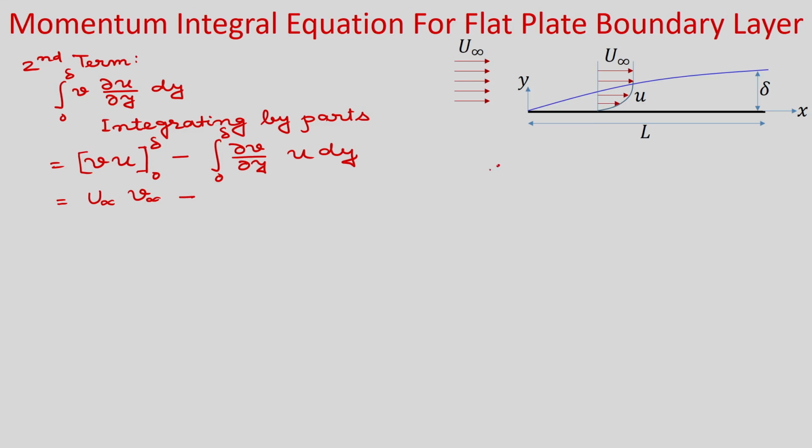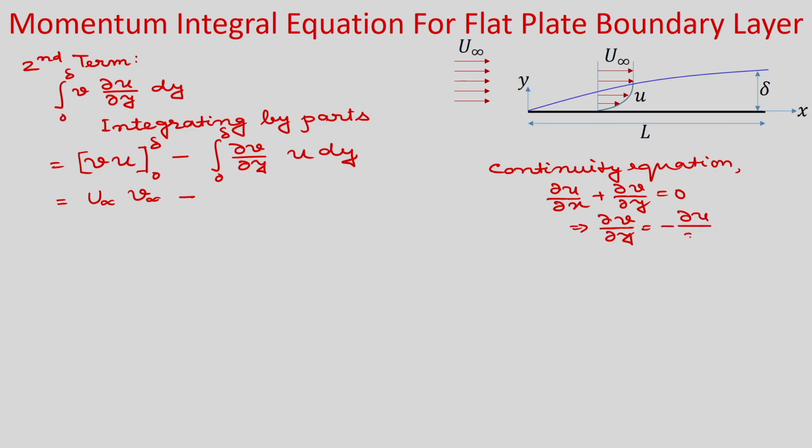So, now let us consider the continuity equation. So, what is your continuity equation? ∂u/∂x plus ∂v/∂y is equal to 0. So, we can write ∂v/∂y is equal to minus ∂u/∂x. So, this term ∂v/∂y, now we will write minus ∂u/∂x. So, this minus and here one minus is there.